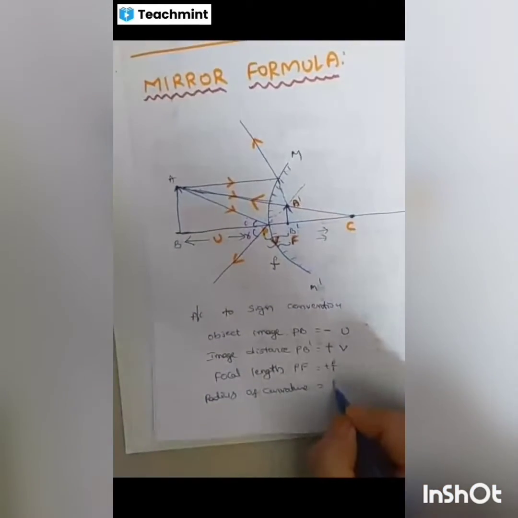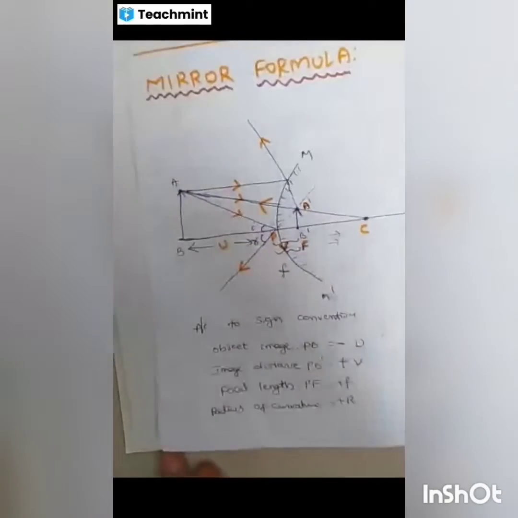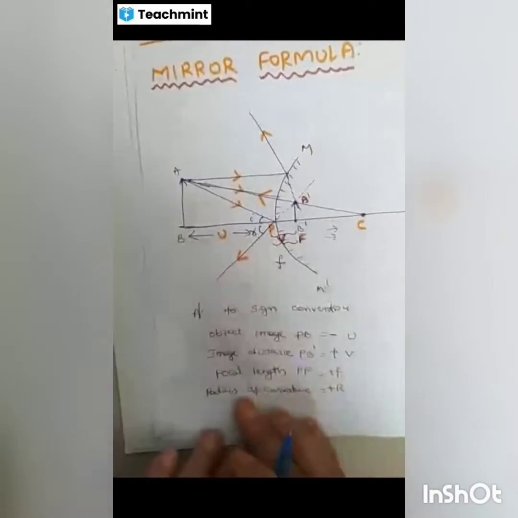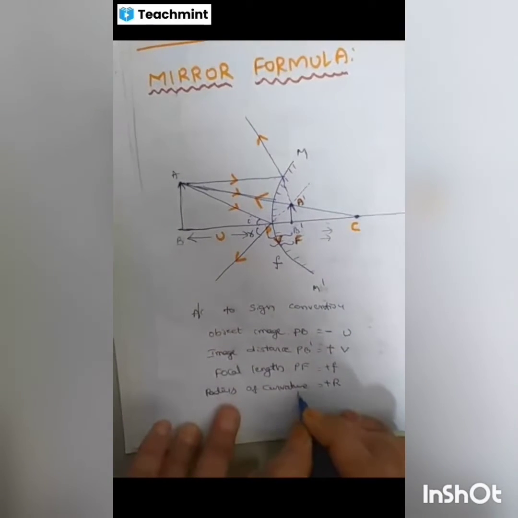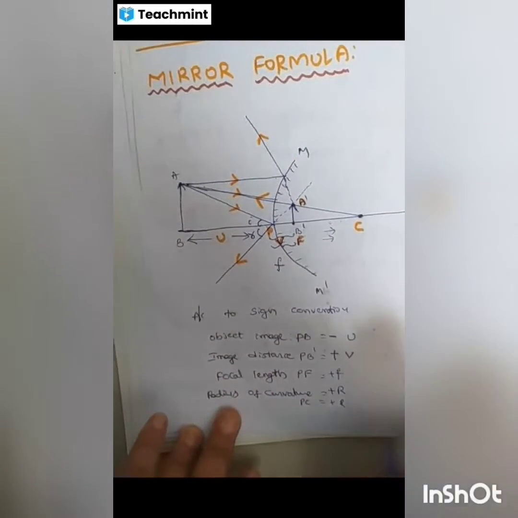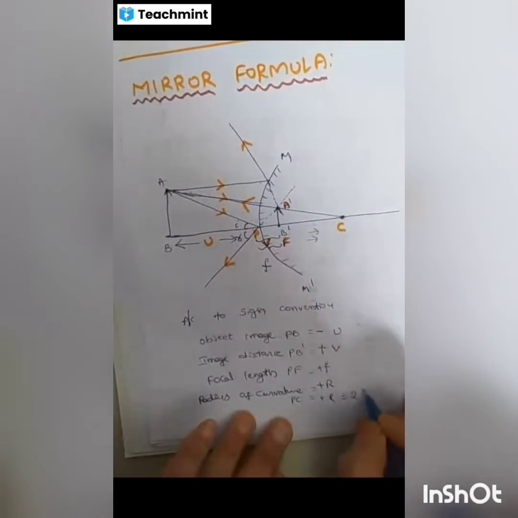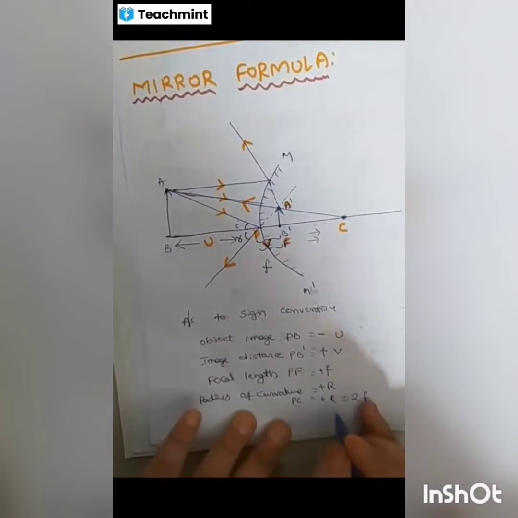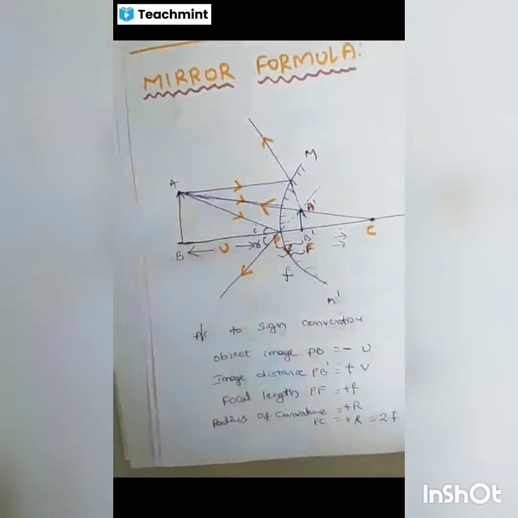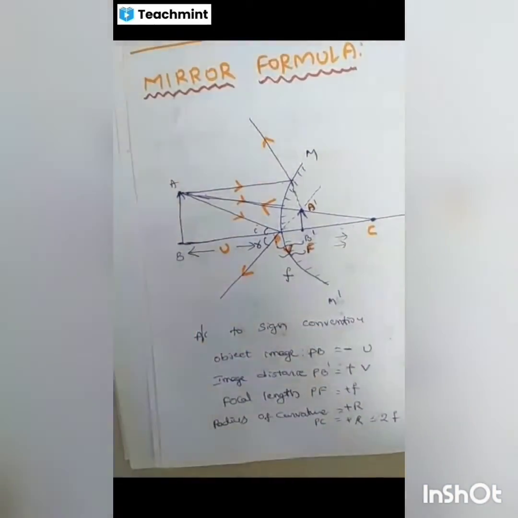So radius of curvature is plus R. We know PC is equal to plus R, and we know the relation to F. Now we wrote all the distances, either plus or minus.